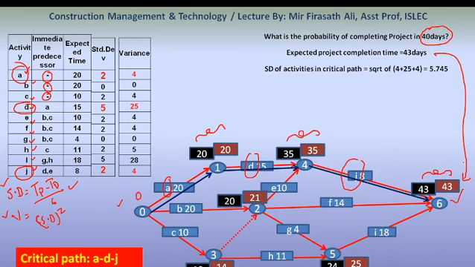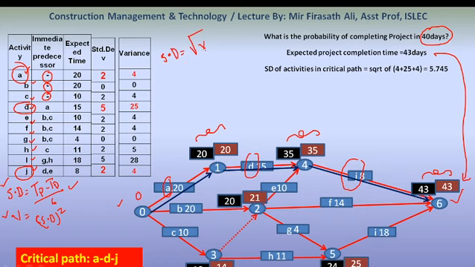We get it with the standard deviation of the activities in the critical path. We get the standard deviation from the variance; the standard deviation is the square root of the variance.